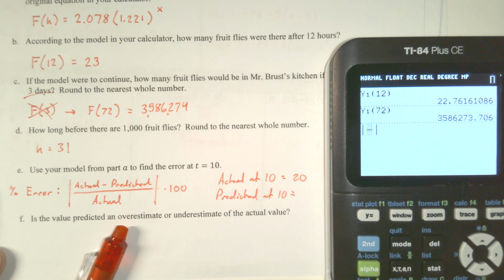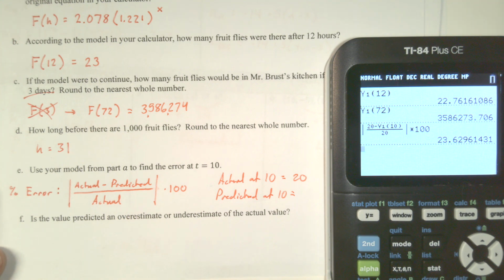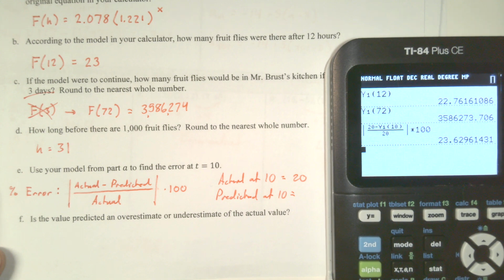We have our actual, which is 20, minus alpha trace y1 of 10, and then divided by actual, which is again 20. We're going to take all of that times 100. And we see that our percent error was about 23.6%.